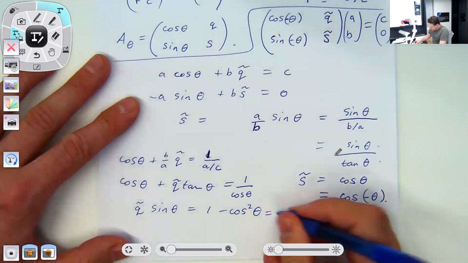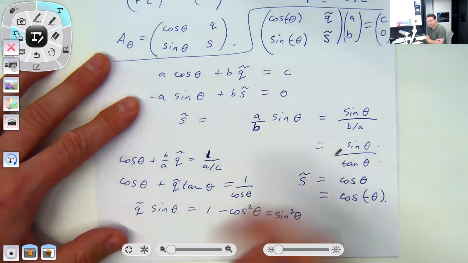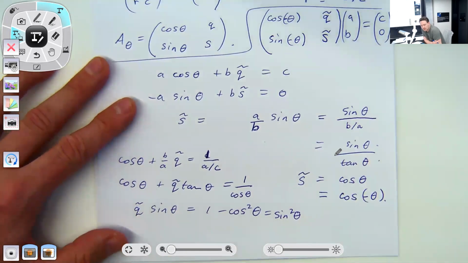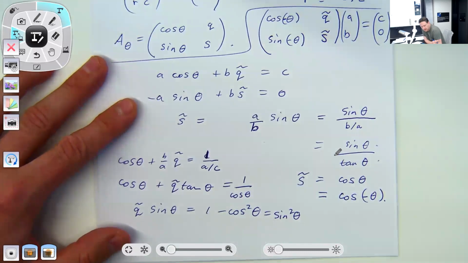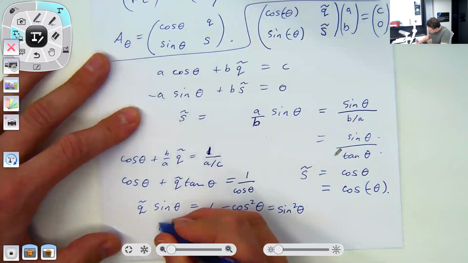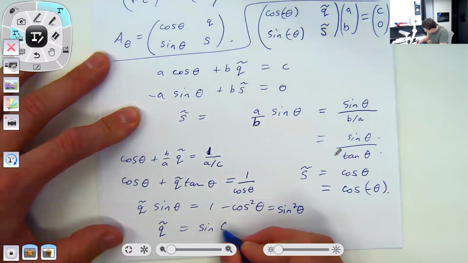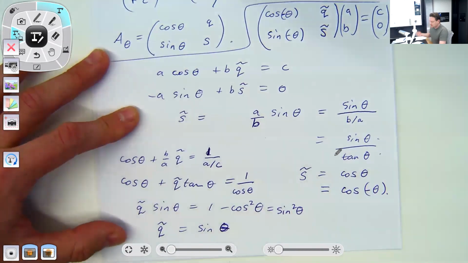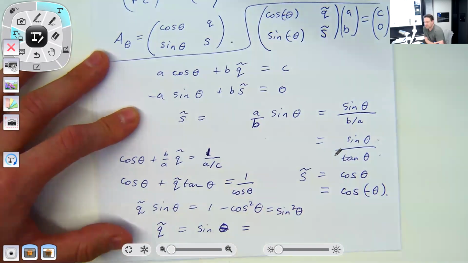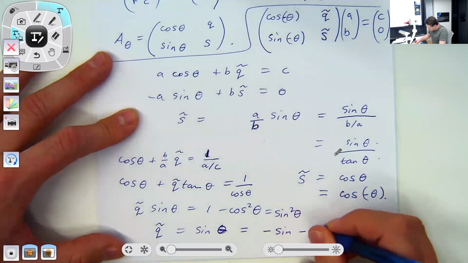And that's just sine squared theta by the trig identity. Cos squared plus sine squared is 1. All right, now we can just cancel the sine theta and get that q tilde is sine theta. All right, but I want to view this in terms of negative theta. And in view of the fact that sine is an odd function, this is minus sine of minus theta.